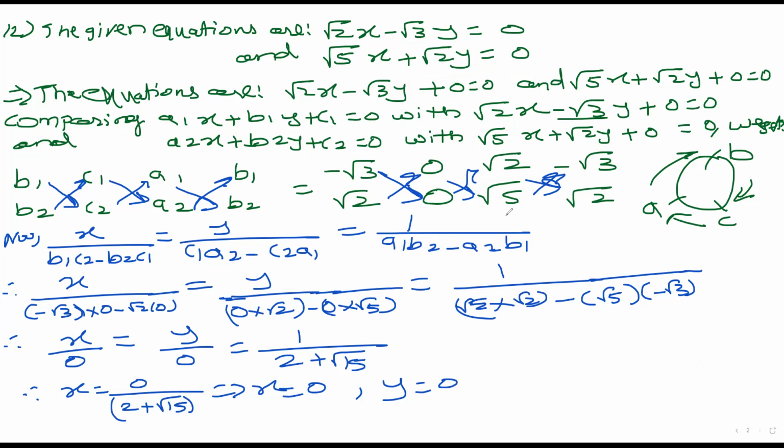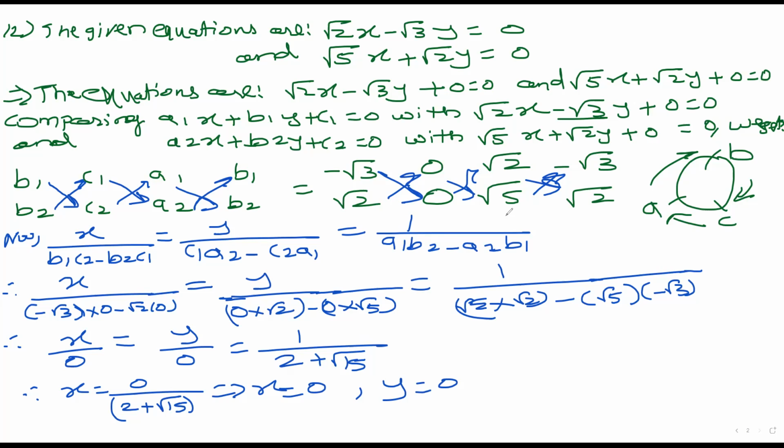Is x equal to 0 and y equal to 0 the solution, or is there no solution? Now the question is, is x equal to 0 a solution, y equal to 0 a solution, or is there no solution at all? What do you think? No solution. Are you sure? Yes, sir. Okay. Anyone?